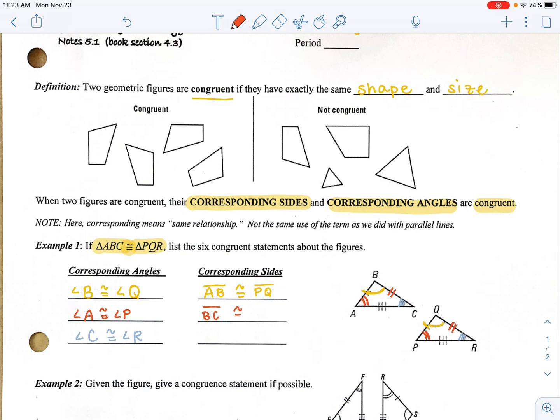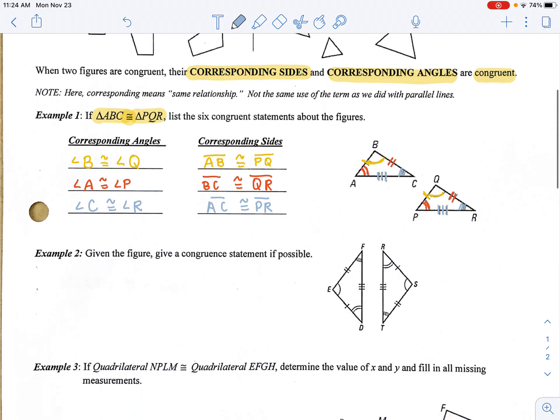So I would say BC is congruent to QR. And lastly, I have side AC that has 3 tick marks and PR that has 3 tick marks. So AC is congruent to PR. So that's how you show corresponding angles and sides based on those symbols.